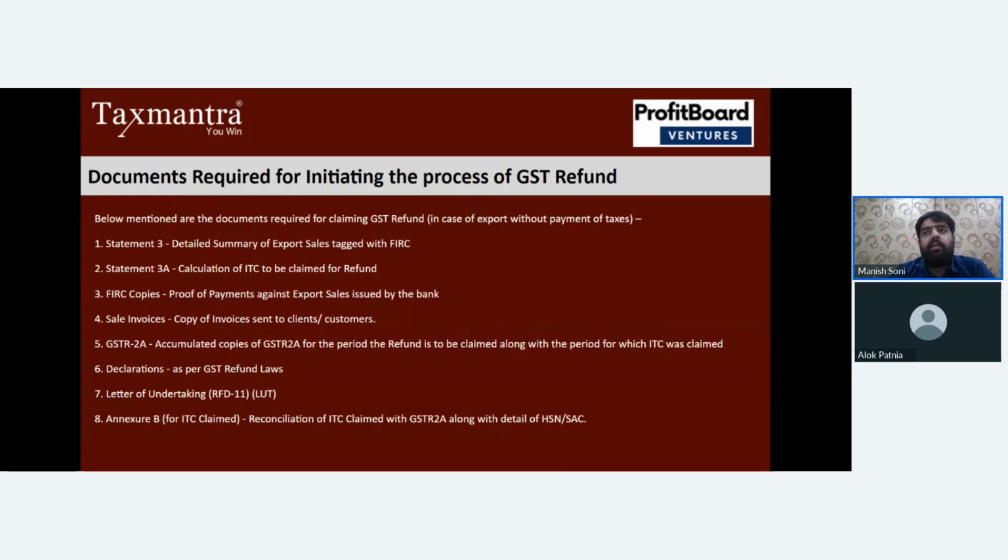In FIRC, all the details of the customer and all the details of the transactions that have happened are mentioned, and it is provided by the bank. The bank certifies that this particular amount has been received by ABC and it has been paid by XYZ to the SSC. So that becomes very relevant in terms of services.